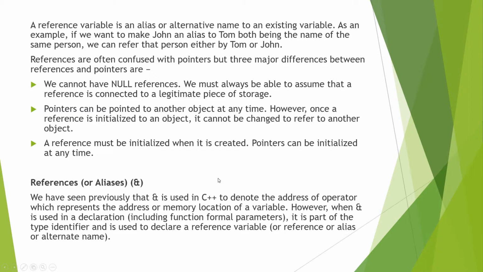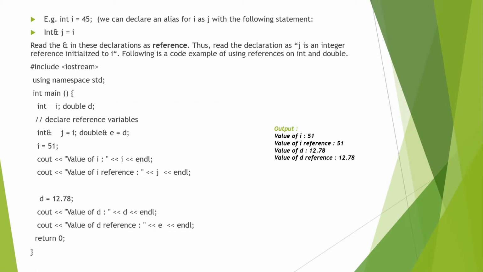In C++, if you recall, the & was used as the address-of operator, which represented the address or memory location of a variable. However, when & is used in a declaration, it is part of the type identifier and is used to declare a reference variable, as in this example. I have declared int i as 45.